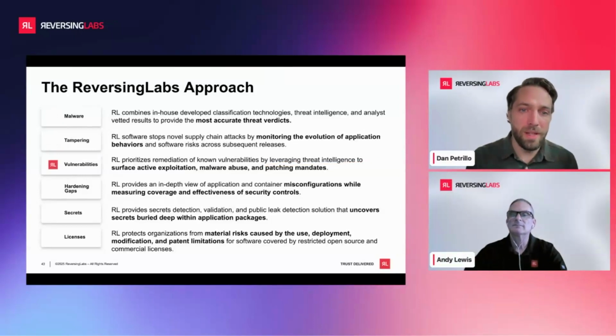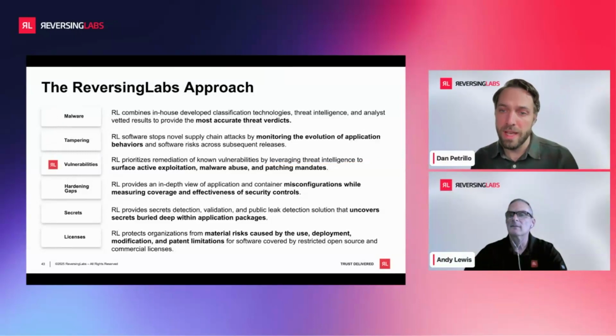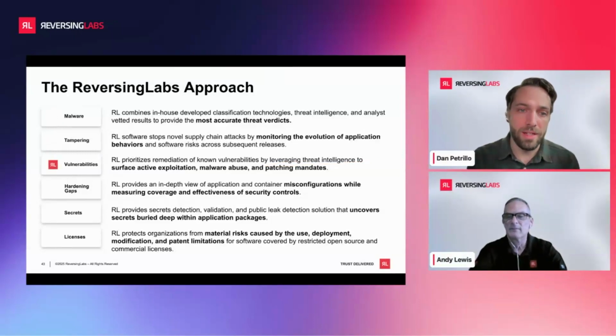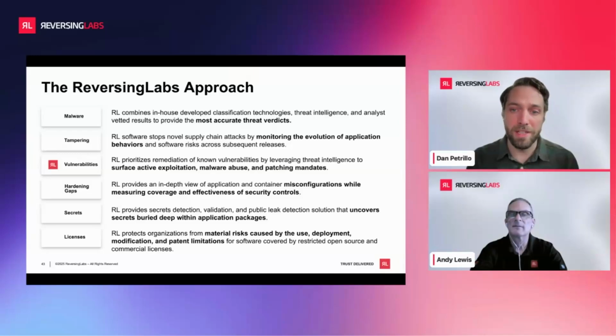For vulnerabilities, we're able to prioritize the remediation of known vulnerabilities by leveraging threat intelligence to surface active exploitation, malware abuse, and patching mandates. Remember, I mentioned those, and so did Andy, those 400 billion files in the repository we have of goodware and malware. That's going to really help us leverage that threat intelligence that we're talking about.